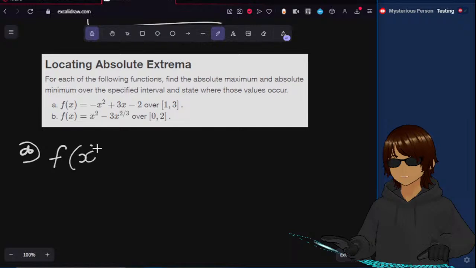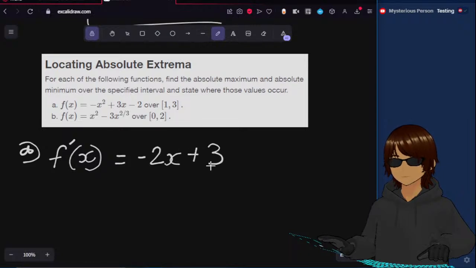So let's take the derivative of this: minus 2x plus 3. So this graph is a very steep graph like that.